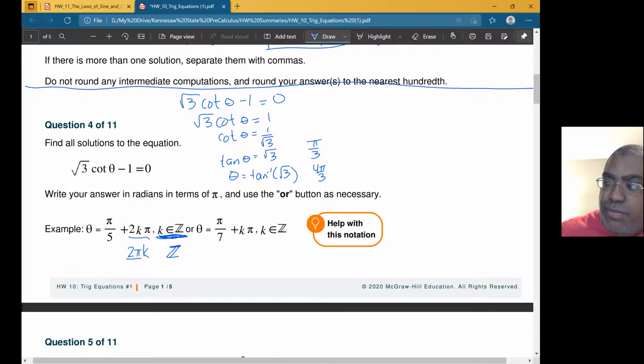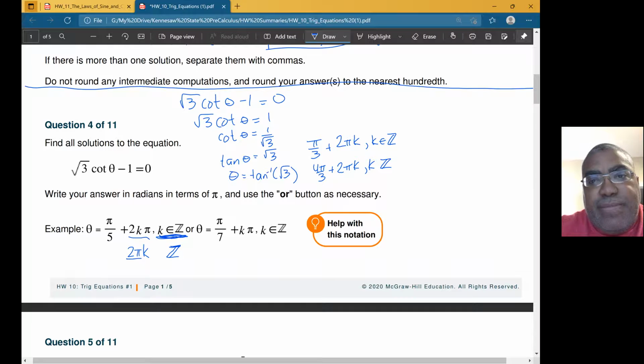At these two places. So normally we would write pi over 3 plus 2 pi k, where k is in integers, or 4 pi over 3 plus 2 pi k, k is in integers.